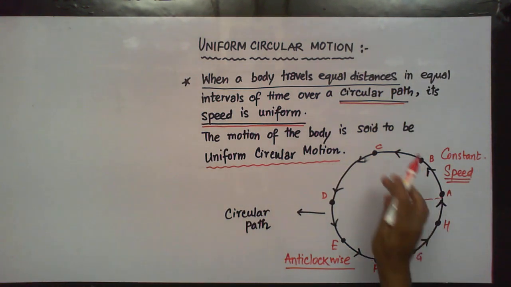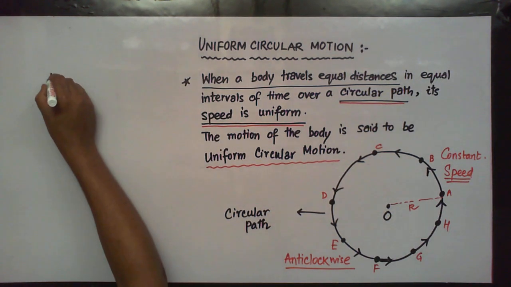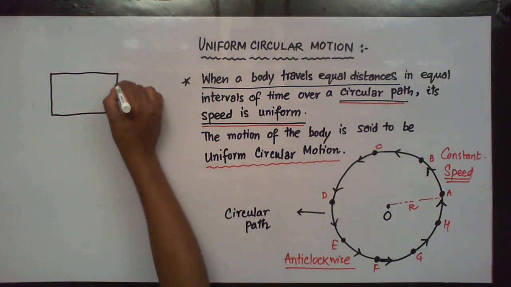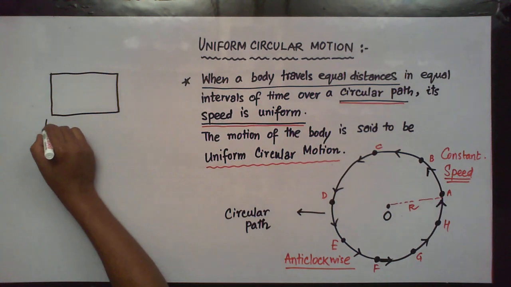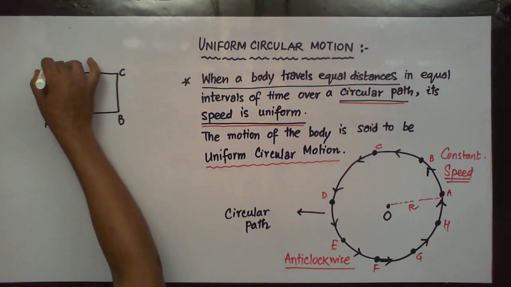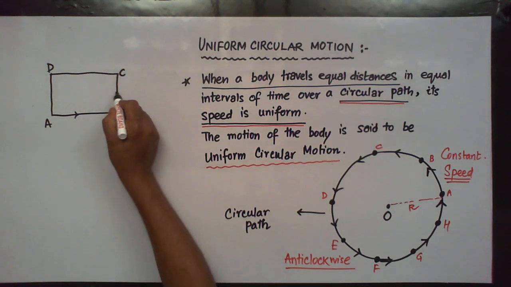Whenever the body is moving in a circular path, let us try to analyze the situation. To understand this, let us take a few cases. If we have a rectangular field, let us say these are the vertices of the rectangular field, and the athlete wants to run along this path.